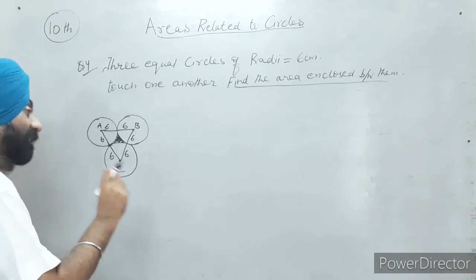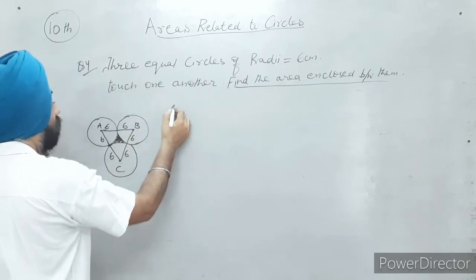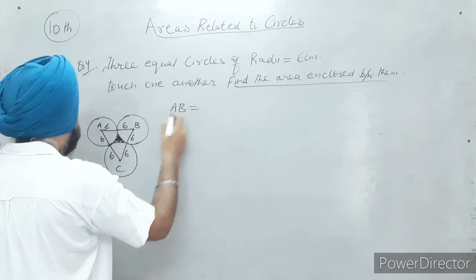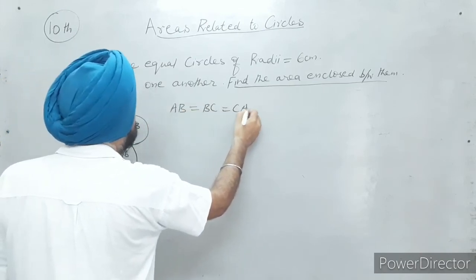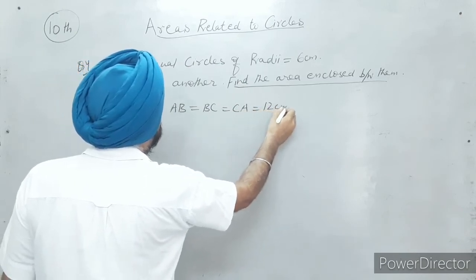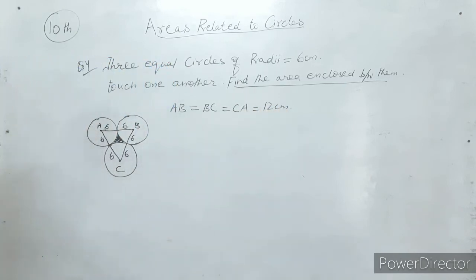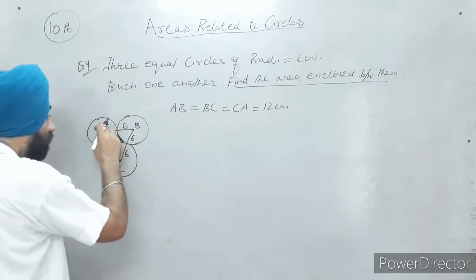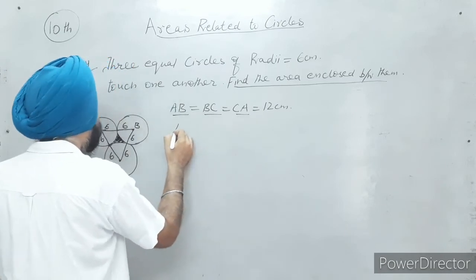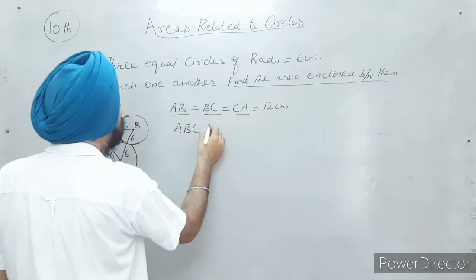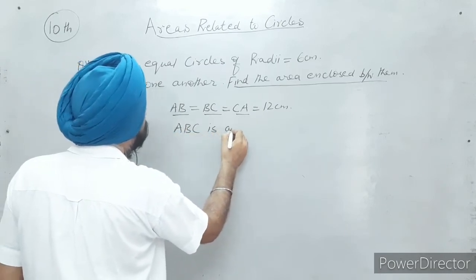Now, one thing is sure. AB equals to BC equals to CA. Each is what? 12 centimeter. Now, if all the sides are equal, then ABC is an equilateral triangle.